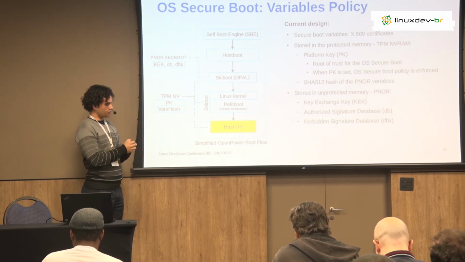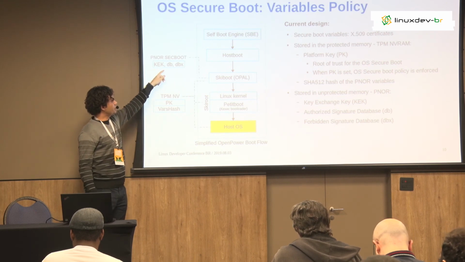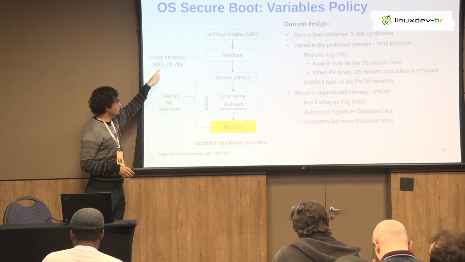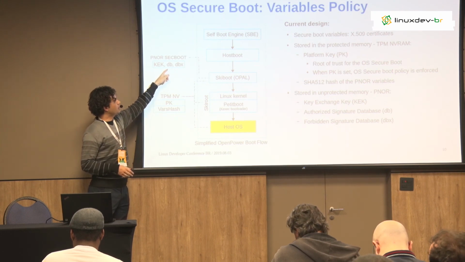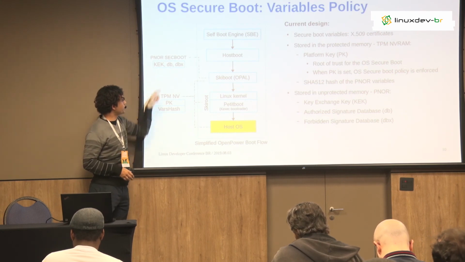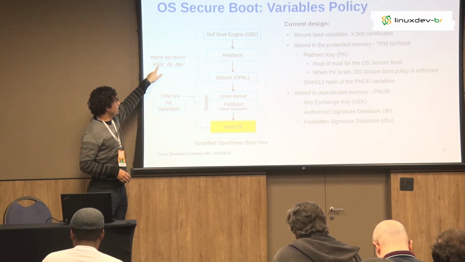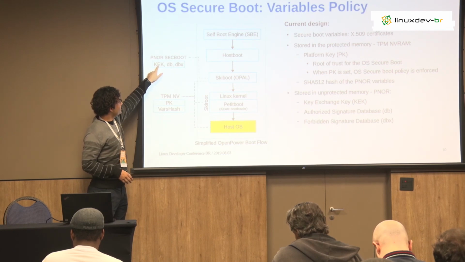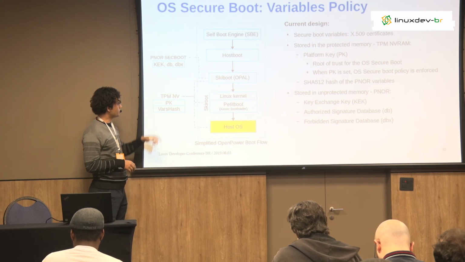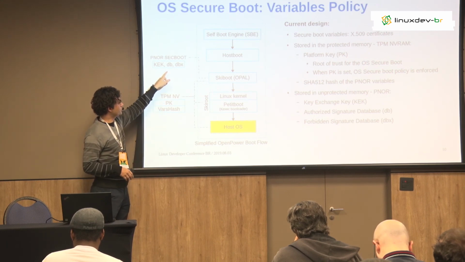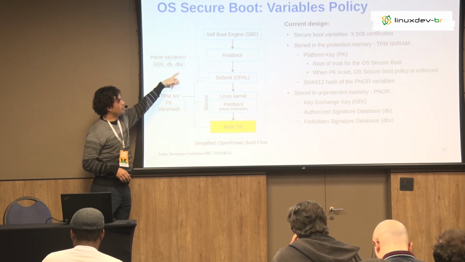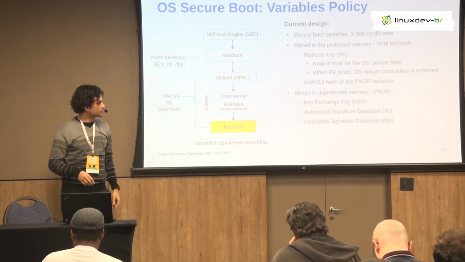Firmware will verify that it was signed with one of those keys, and if so, firmware will add the key to the DB. Same for the DBX. And in order to add a key to the KEK, that key update needs to be signed by the PK, which is our root of trust. That way we have a three-level key hierarchy: first PK, then KEK, and then these two, DB and DBX.